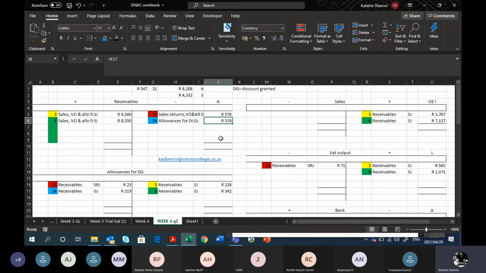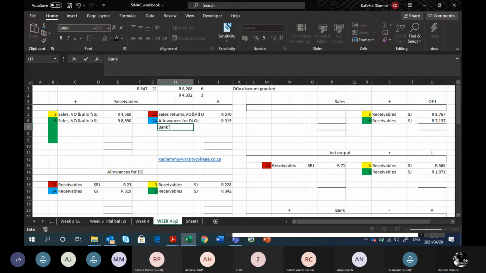Okay, cool. So now we need to figure out how much Zulu is going to pay us back. So I'm going to put bank here for Zulu, and that's going to be my CRJ, because you're going to receive that money.